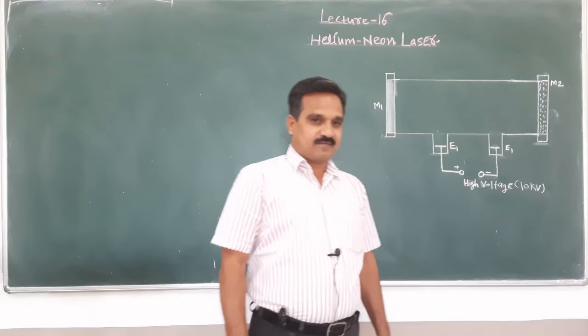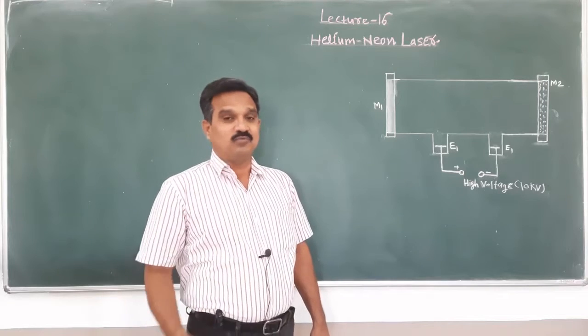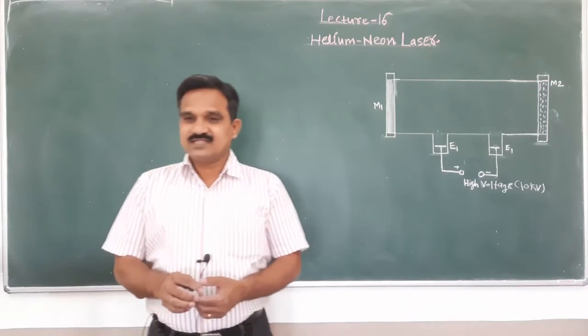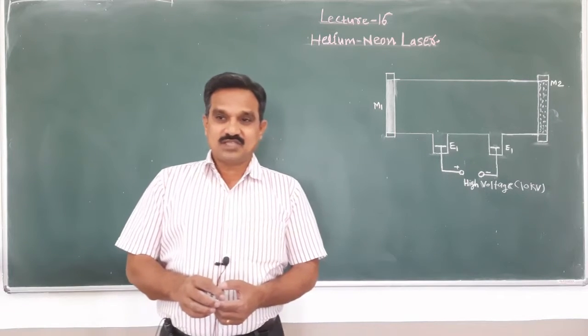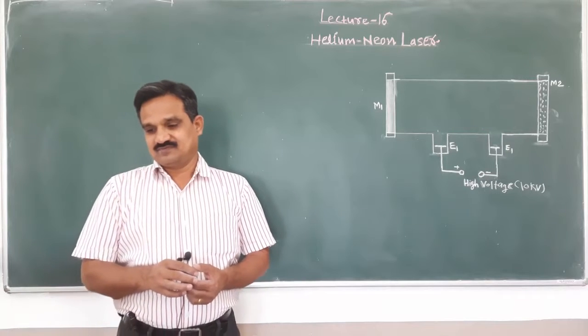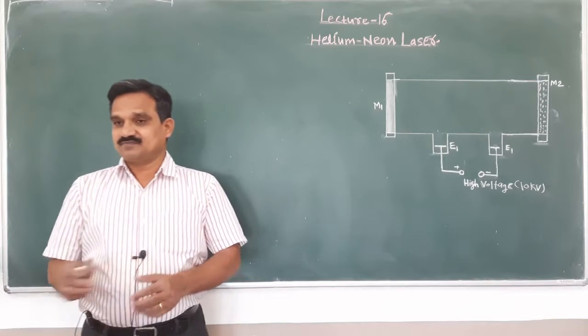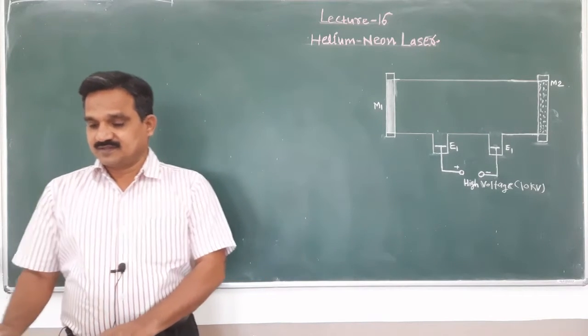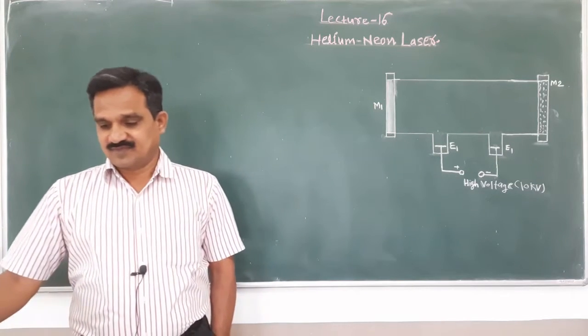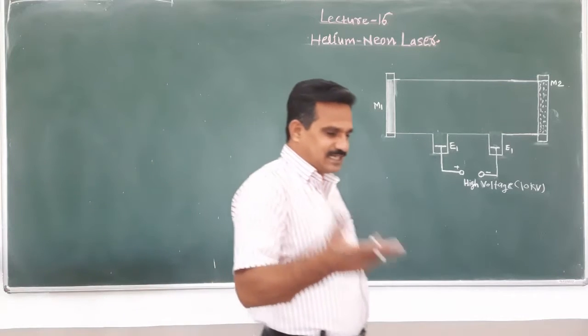Last time we have already considered the Ruby laser. Ruby laser is the first successful laser developed by Maiman in 1916, and it is a solid state laser.